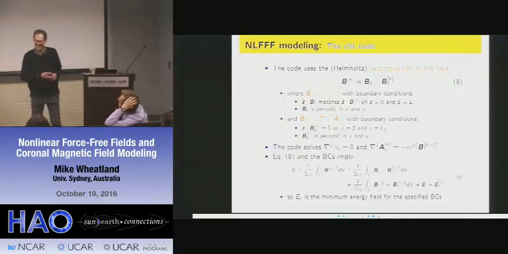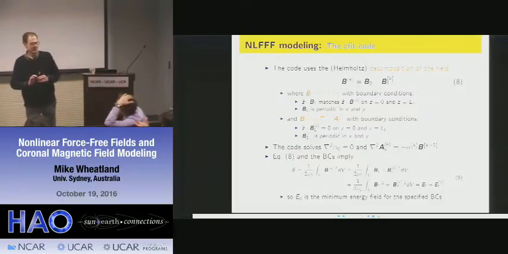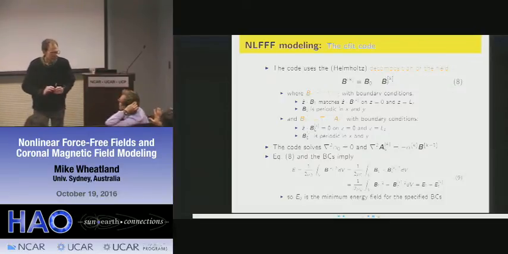I don't understand. Do these boundary conditions come from the limitation of the observations or from something that you impose? The limitations of the observations. This is how you solve the equations.